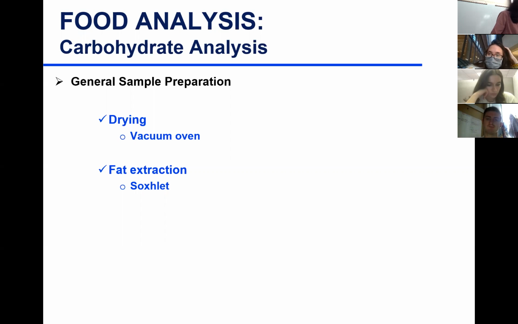But depending on the question that you might get, if I tell you you have wheat flour or any type of grain, well, we need to homogenize, okay? We need to reduce the particle size. You have to remember that is part of sample preparation. That would be for anything you do, not just for carbohydrate.